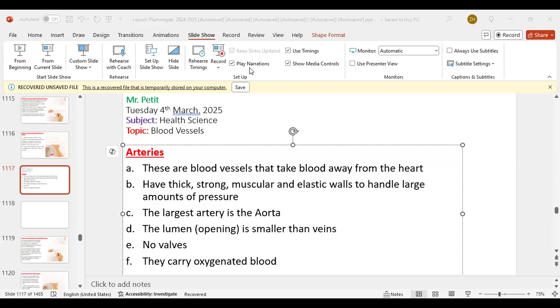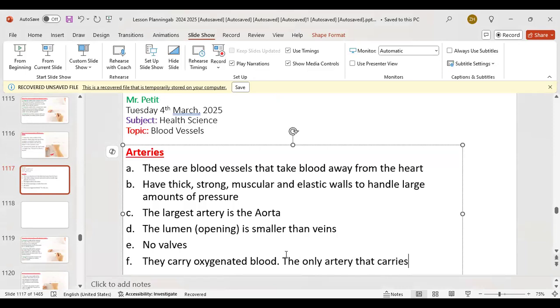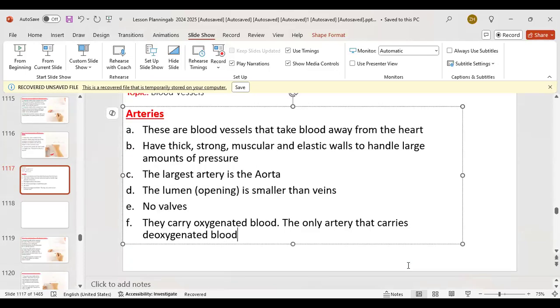All right, good. Now, there's a caveat though. The only artery that carries deoxygenated blood is what? The pulmonary artery.